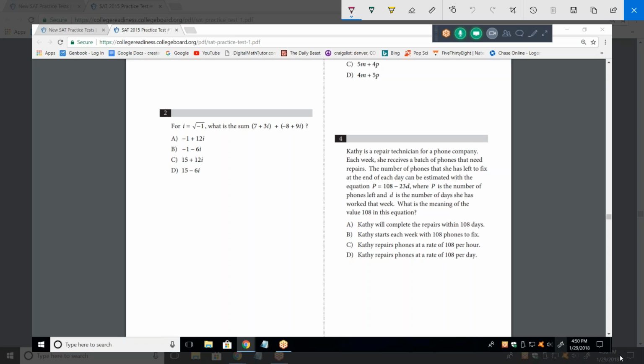Read each answer. That might help a little bit. Could C be an answer? No. Some of these don't make any sense at all because it's too high a rate. Nobody repairs phones 108 per hour. So we don't even need that one.